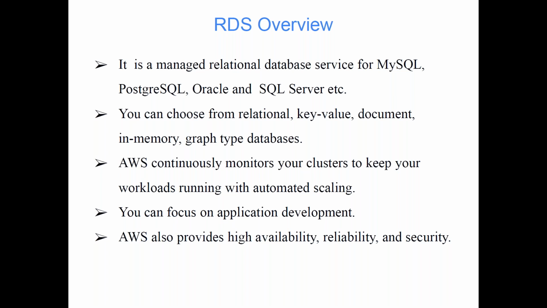So all these database servers were installed on on-premise servers. Now what AWS is offering is that instead of maintaining those servers by yourself, because you have to take care of the scalability, the storage, the upgrades, the high availability, patches, many more things are there, right?